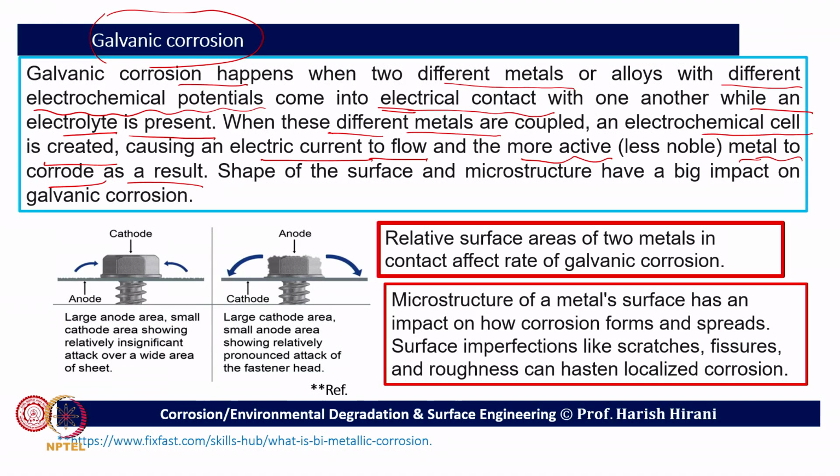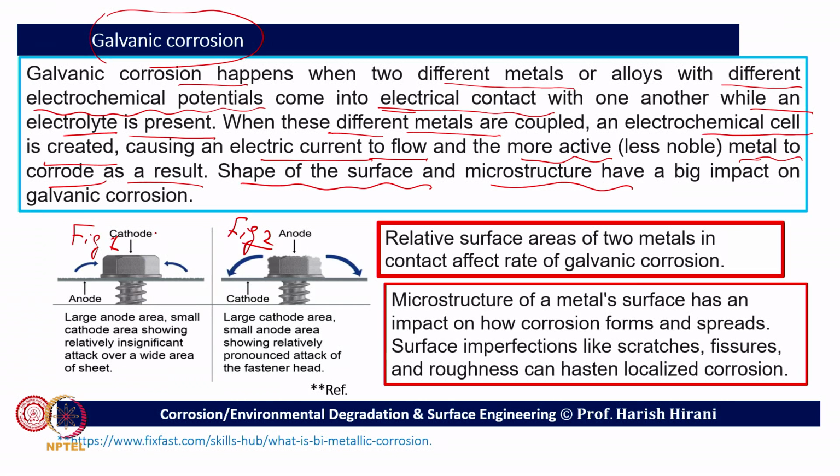Now, another important thing in galvanic corrosion is the shape of the surface and the microstructure. The shape of the surface as well as the microstructure have a big impact on galvanic corrosion. Let us take fig 1 and fig 2, where cathode and anode are reversed.